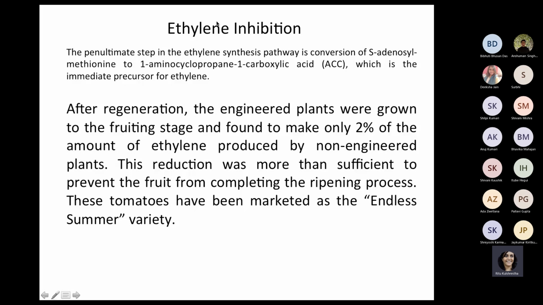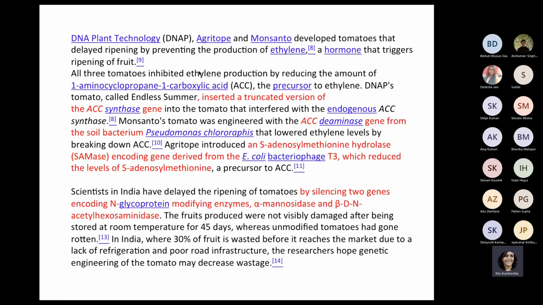For that, we need to know the pathway by which ethylene is produced. So the penultimate step in ethylene synthesis is conversion of this SAM to ACC, which is the immediate precursor for ethylene. So then they made the transgenic plants in which the ACC synthesis was inhibited.